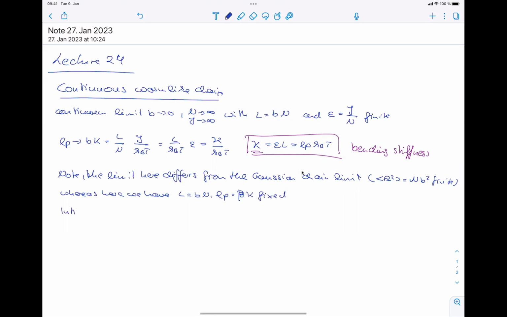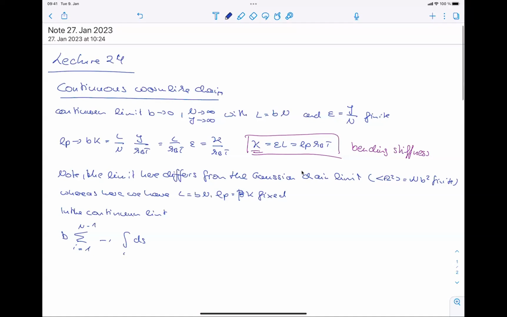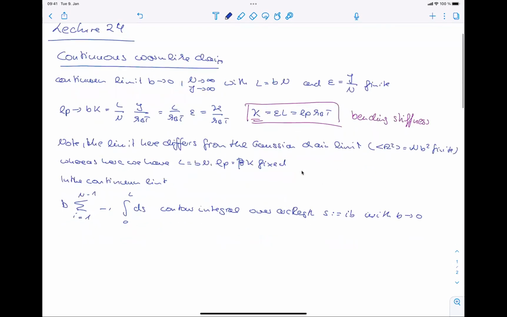So in the continuum limit, we go from sums over segments to integrals over the arc length of the polymer stretching from 0 to L. So that's a contour integral over arc length s, which we can map from the discretized version as i times b, i being the index of subsequent segments and b the segment length, which we set to 0.